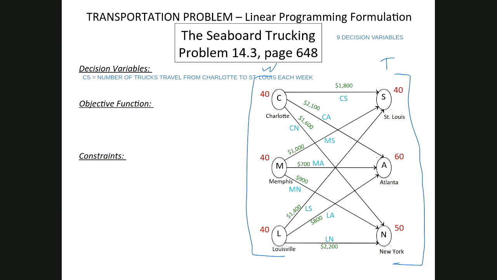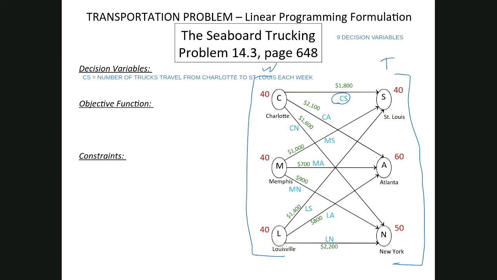So if there's 40 trucks that we send out of Charlotte, and if one goes to St. Louis, how much profit is made? Hopefully you say $1,800. If 2 trucks go from Charlotte to St. Louis, how much? Well, it would be 2 times 1,800. If 3 trucks, 3 times 1,800, and so forth.